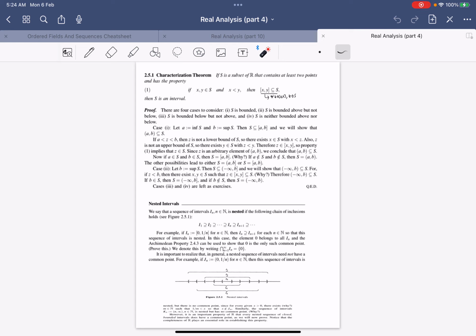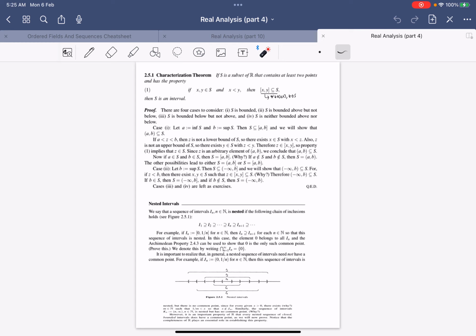And so there will exist an X inside S such that X is less than Z. Also, Z is not an upper bound, which means there exists a Y in S greater than Z. Therefore, Z lies in the closed interval X to Y, and so this implies that Z is an element of S. Since Z is an arbitrary element of A comma B, we can conclude that the open interval is contained inside S, which is soon to be proven to be an interval.